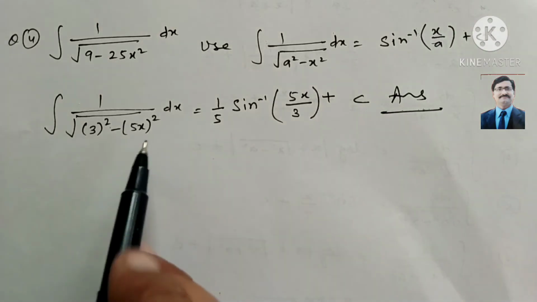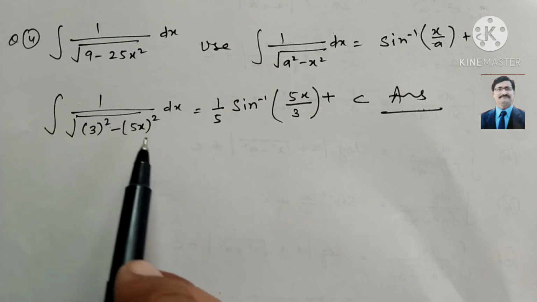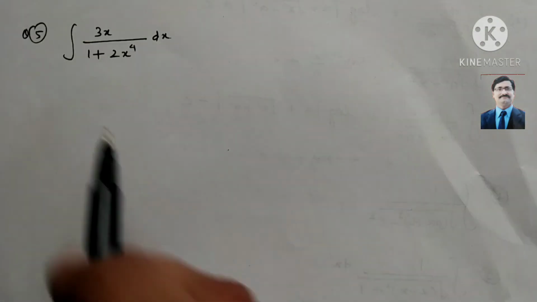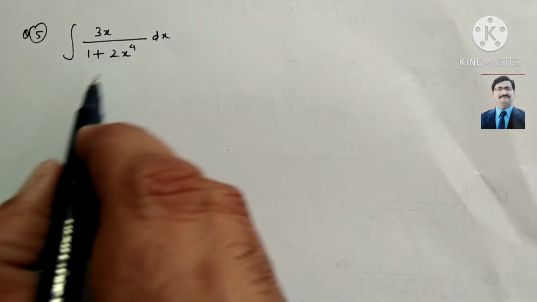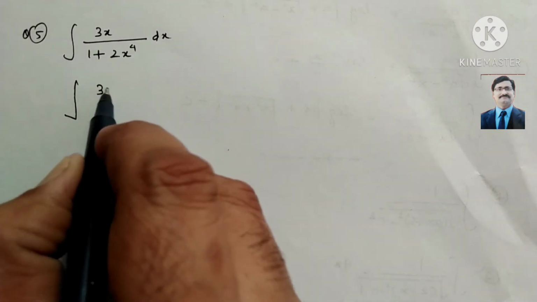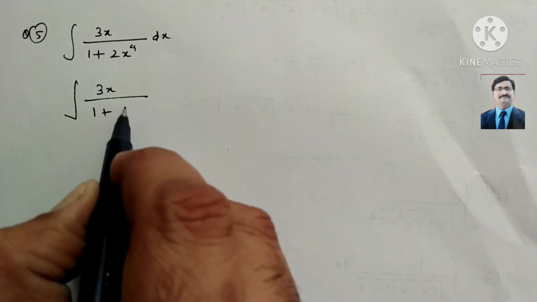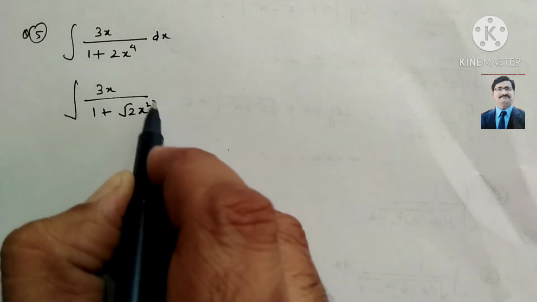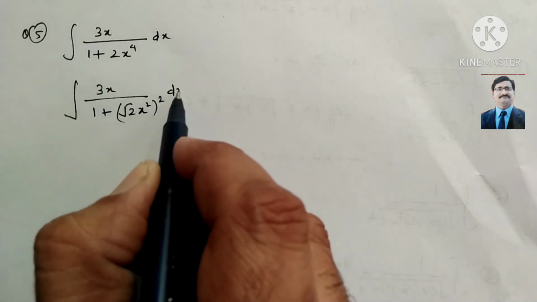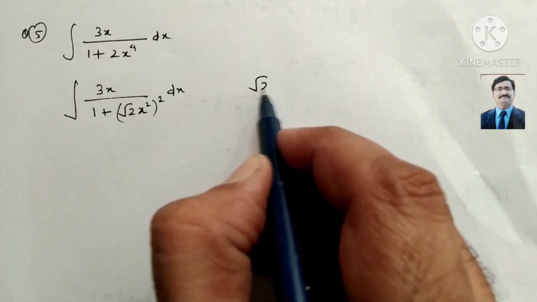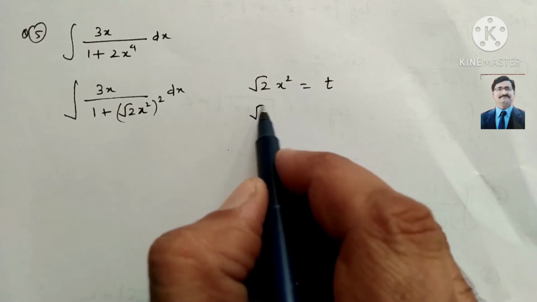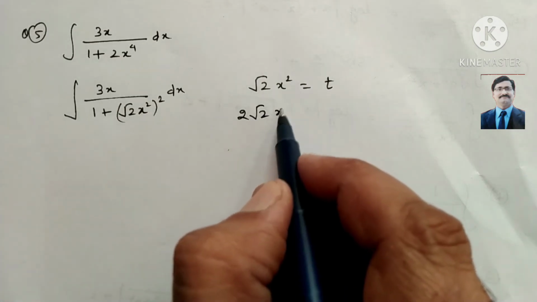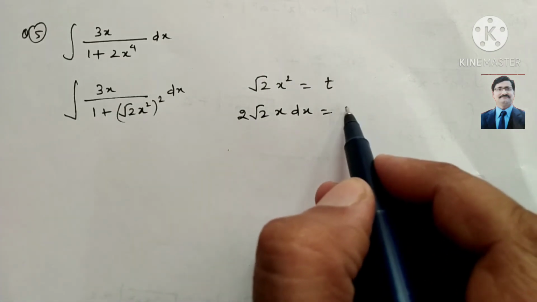All of you understand? Otherwise we can suppose 5x equal to t and then also you can do it. Look here, first of all we can write this as 3x upon 1 plus root 2 x square whole square. Okay, and this root 2 x square we will suppose t, so what we get: root 2 into 2 x dx equal to dt.